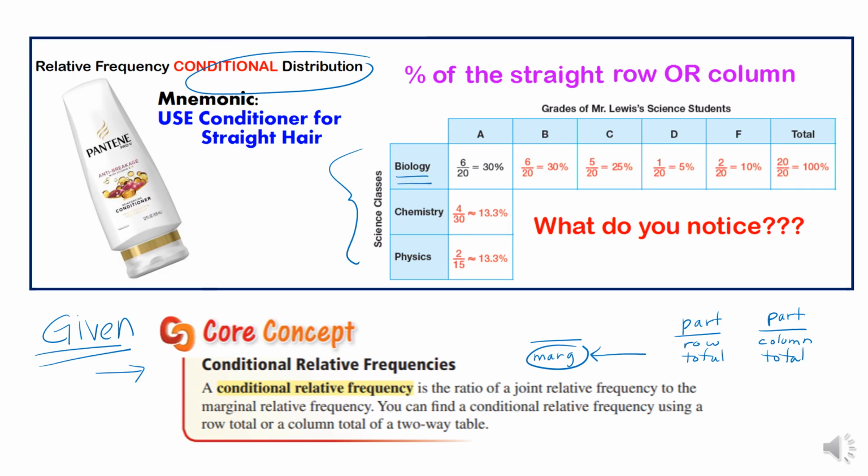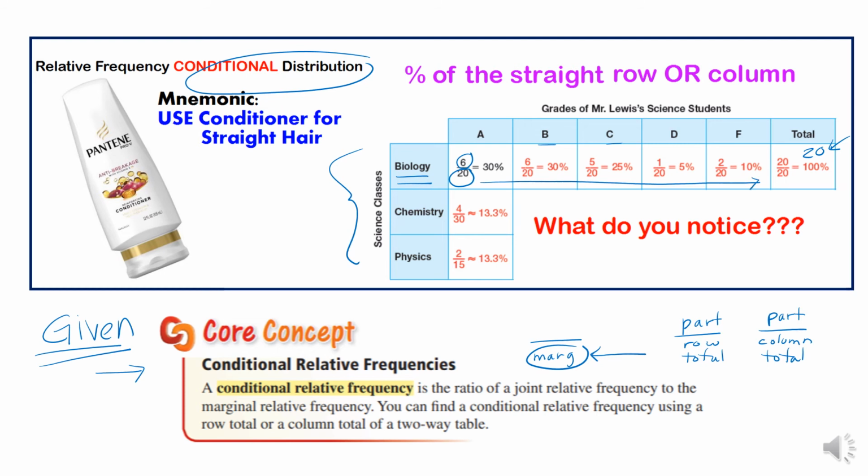So given biology, how many students got an A, how many students got a B, how many students got whatever. The total number of kids that took biology was 20. That was my total, my marginal frequency over here. So now I'm going to do the 6 biology students that got an A over the total biology students. And so I do that for each of my grades for biology.